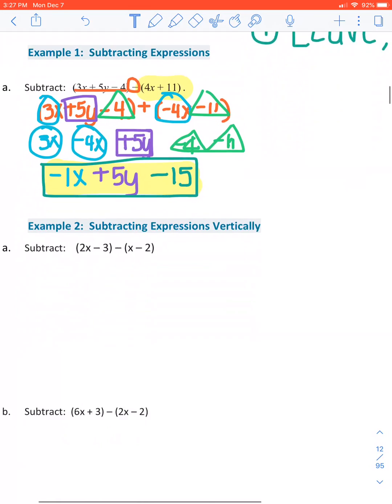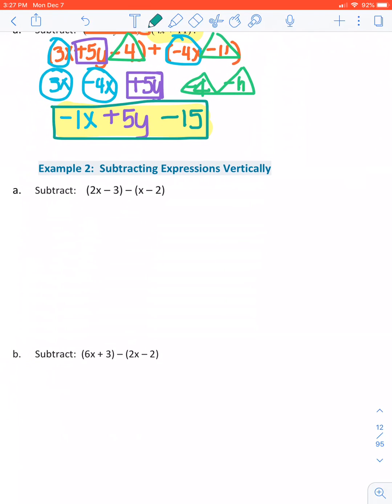All right, we're going to practice this again. So, part A. We are going to subtract. Remember, your rules are leave, change, change it all. So let's do that. We are going to leave 2x minus 3. We are going to change the subtraction to addition. And we're going to change everything in the second parentheses to its opposite. So x becomes negative x.